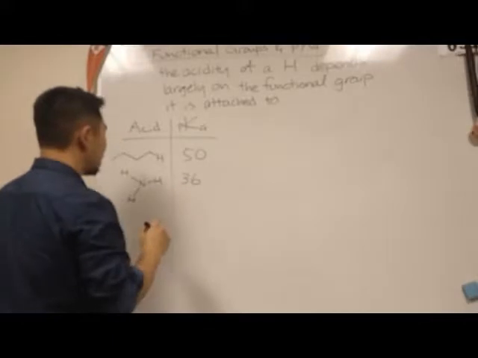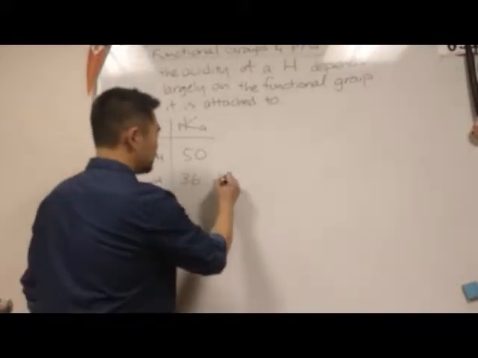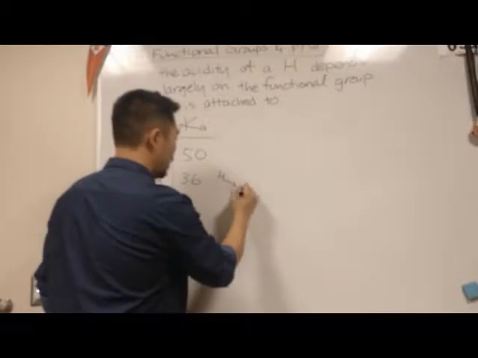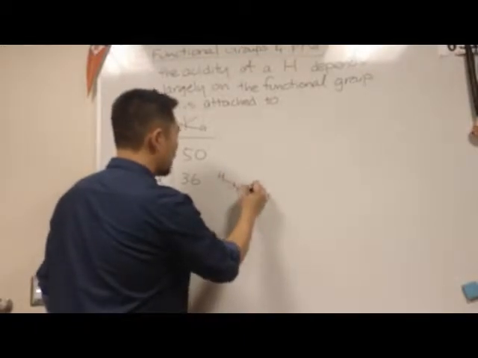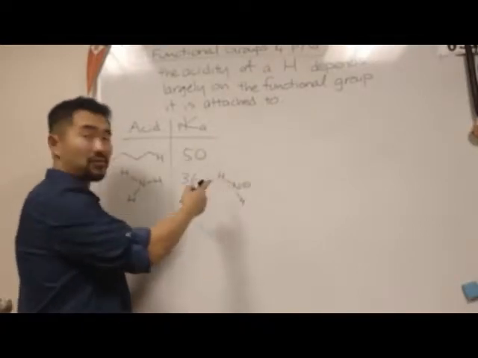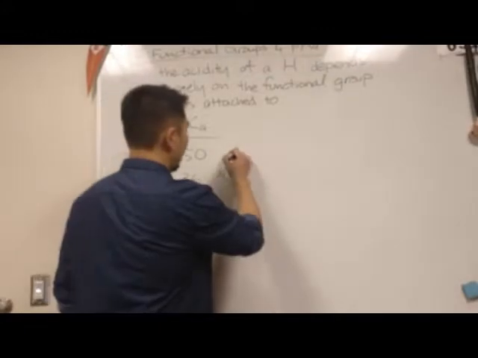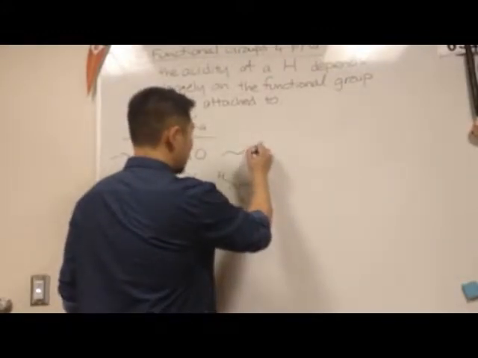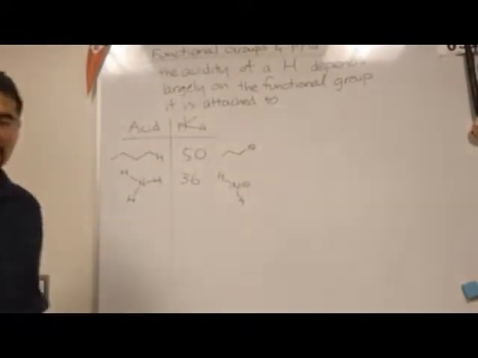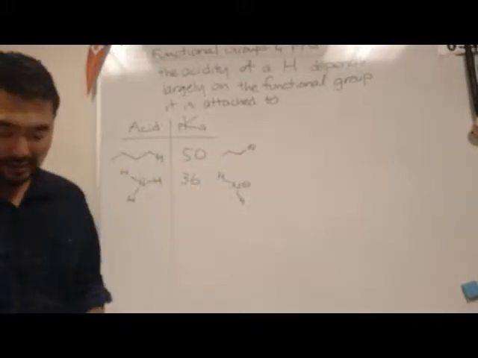So again, this is not very acidic either, because if you think about the conjugate base, it's not all that stable, because nitrogen is electronegative, but it's not all that electronegative, and it's even worse if it's a carbon, right? If you look at the conjugate base, that's very, very not stable.